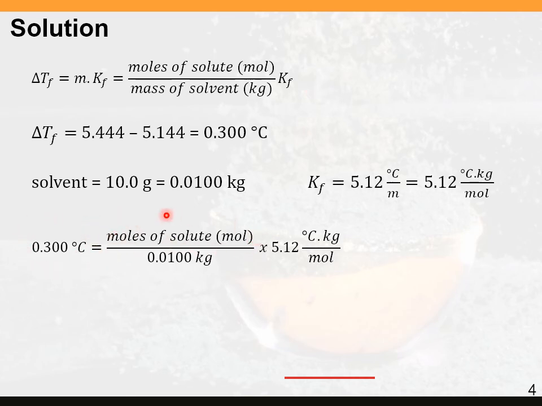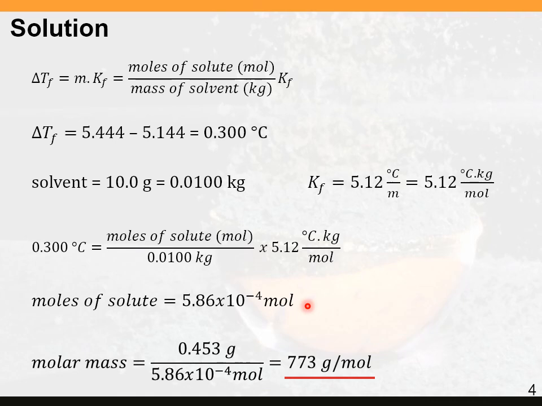Moles of solute is what we're going to get from this equation, divided by mass of the solvent times the freezing point depression constant. The moles of solute calculates to be 5.86 times 10 to the negative 4 moles from this equation. Because we were given the mass of the compound, dividing that mass by the calculated moles, we get the molar mass to be 773 grams per mole.